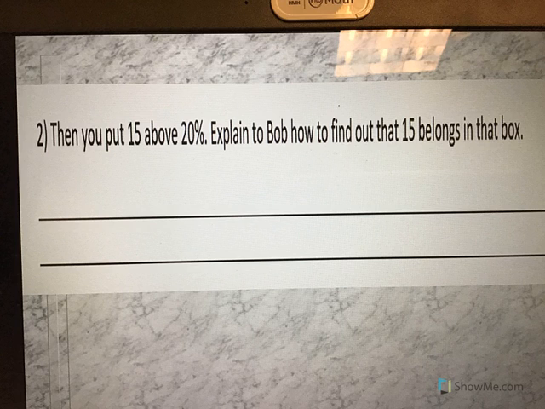So on my double number line, I have 15 above the 20%. So if I want to figure out what that means, how do I find it out? Well, first of all, if I go back to the original problem and look at it, 75 is 100% of it. So I know that 10% is going to be 7.5.